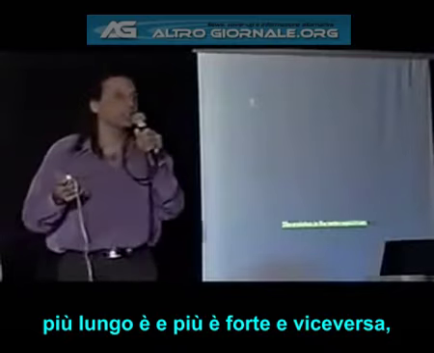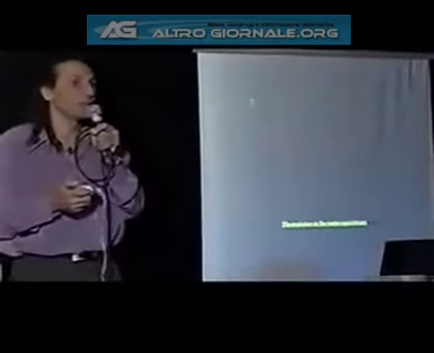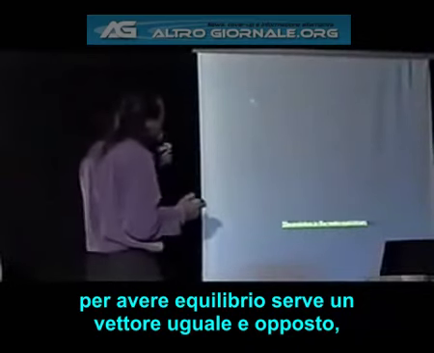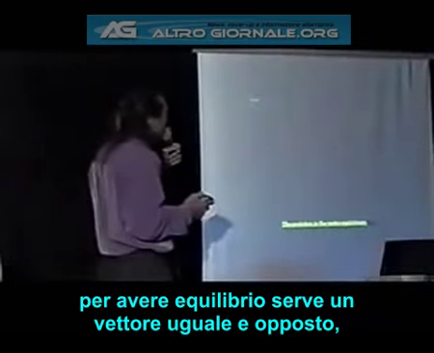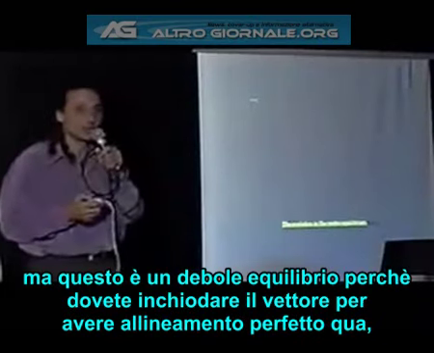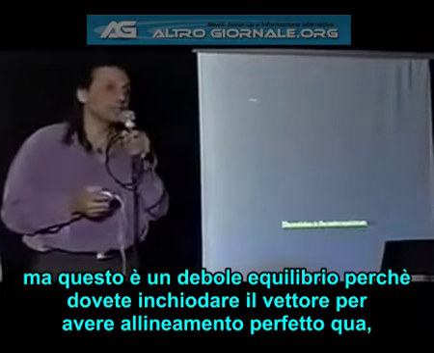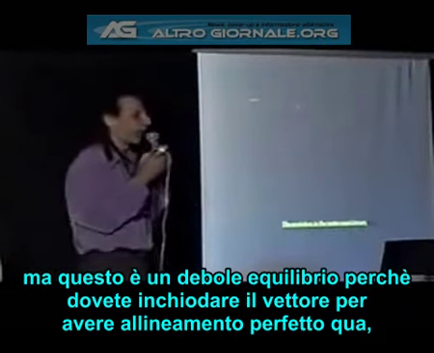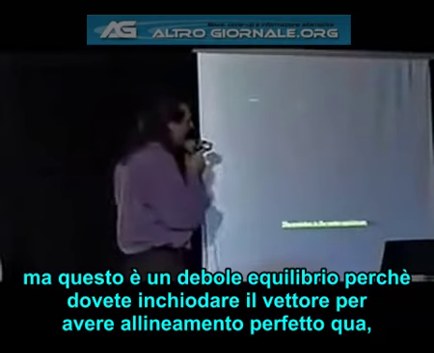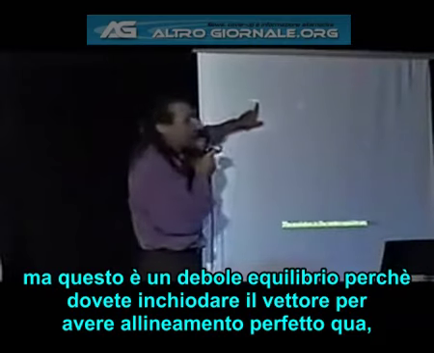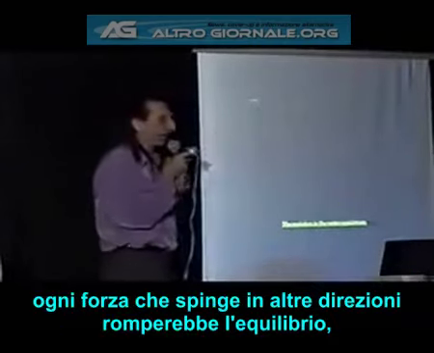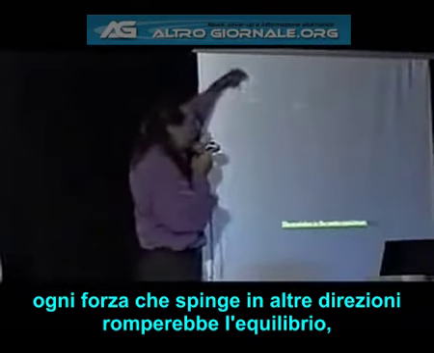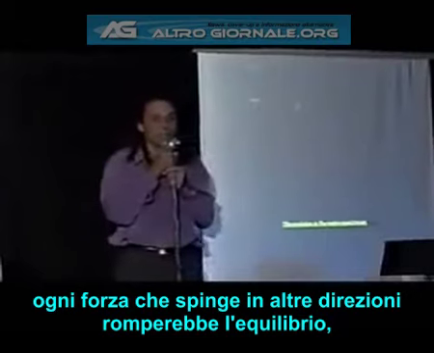The longer it is, the stronger it is; the shorter it is, the weaker it is. In order to get equilibrium, you would have to have a vector in the exact opposite direction with exactly the same length. But that's a weak equilibrium, because you'd have to nail that vector for a perfect alignment. Otherwise you would miss equilibrium, and any forces pushing in any other direction would break it. It's very precarious.